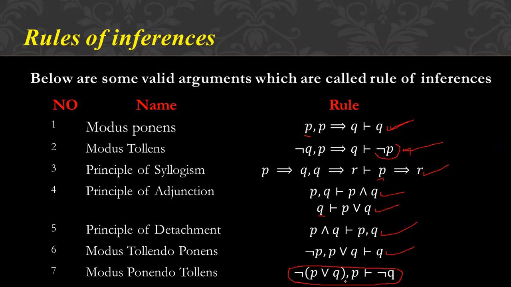That means if P is true, there is no possibility for the negation of P or Q to be true, because whatever the truth value of Q is, P or Q is true, and the negation of true is false. So you justify this value. Okay, let's proceed to the next one.